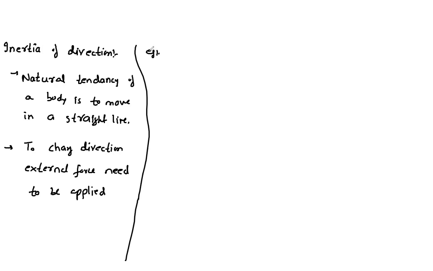See, an example. I take a string, I connect a stone with this string, and I'm revolving this stone on a circular path. To revolve it, I'm applying a continuous force through my hand.